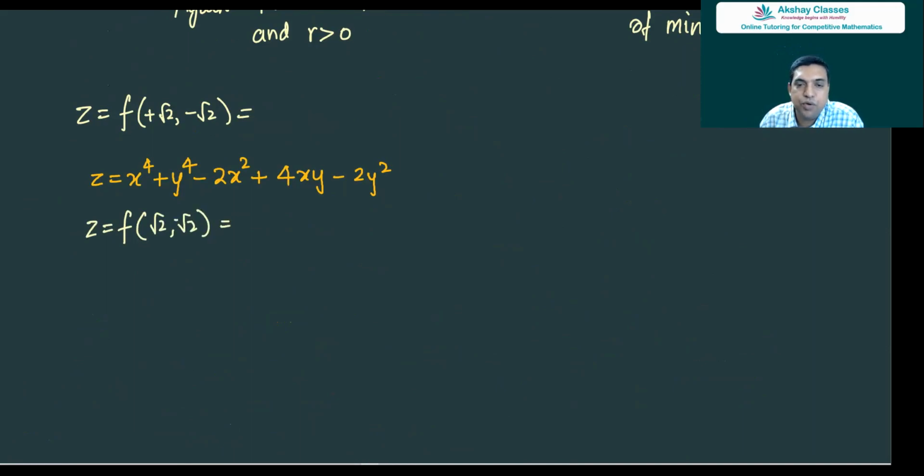So root 2 to the power 4 is 2 squared, that is 4. Now minus root 2 to the power 4 is 4. This is minus 2 into 2, then plus 4 into root 2 into minus root 2, and minus 2 into 2.